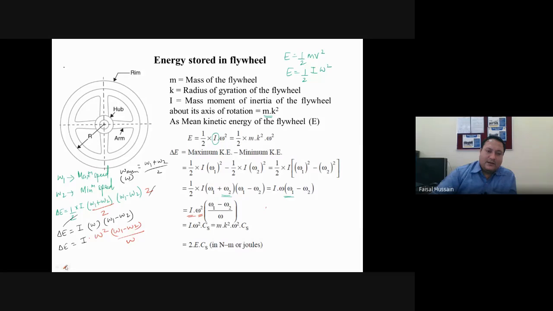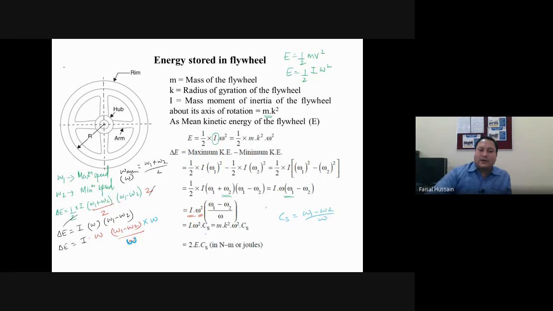What I have done, simply, is multiply omega to the numerator and denominator. So it is I omega square, omega 1 minus omega 2 upon omega, and omega 1 minus omega 2 upon omega is what? CS. CS is omega 1 minus omega 2 upon omega.